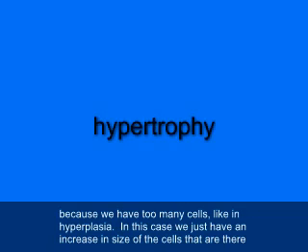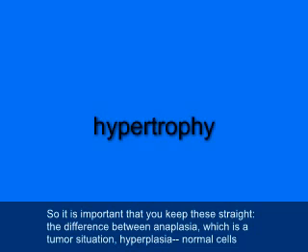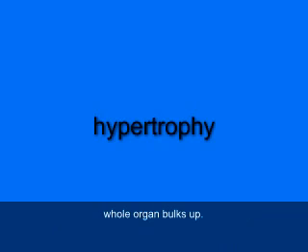In this case, we just have an increase in size of the cells that are there, so that the organ or tissue bulks up. So it's important that you're able to keep these straight, the difference between anaplasia, which is a tumor situation, hyperplasia, normal cells, there's just too many of them, and then hypertrophy, where the number of the cells is okay, but their size is too big, so the whole organ bulks up.